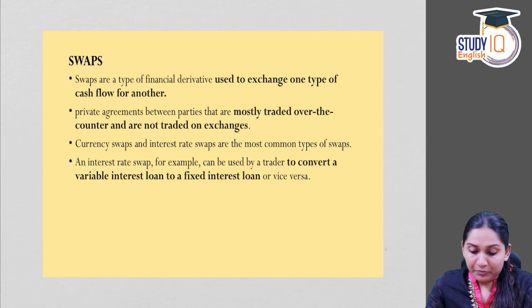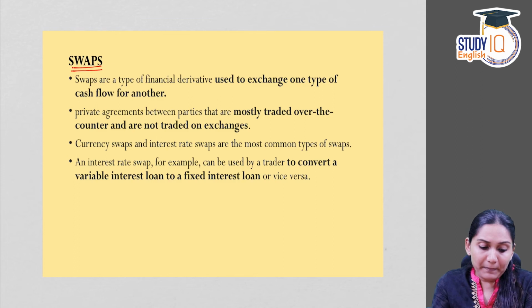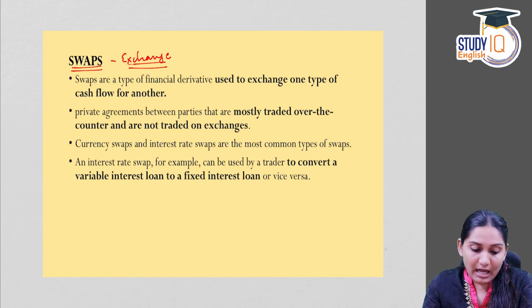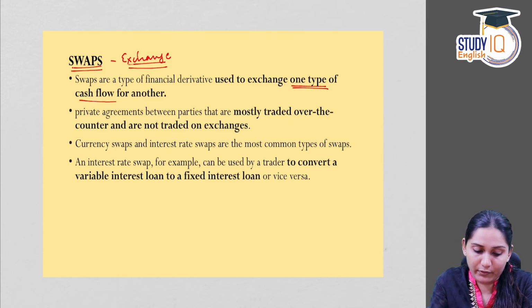Now, swaps. Swap literally means exchange. You are swapping something means you are exchanging something. So, they are financial derivatives which are used to exchange one type of cash flow for another.